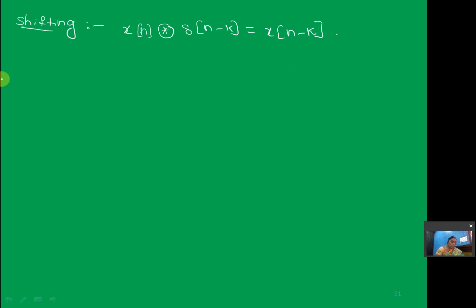Now coming to the commutative law. What is the commutative law?